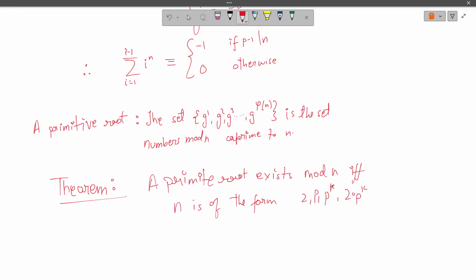These are the only cases when a primitive root exists. So either I can give you the sketch of this proof, or we can do another problem on primitive roots. What do you want?